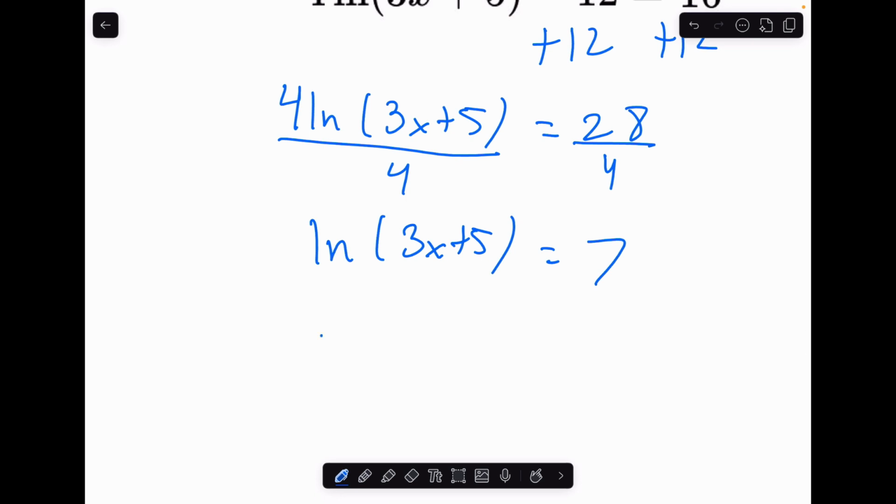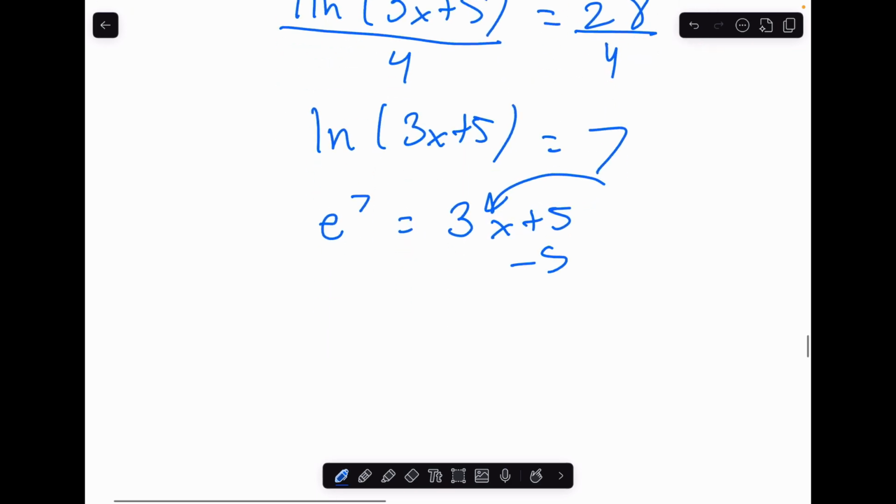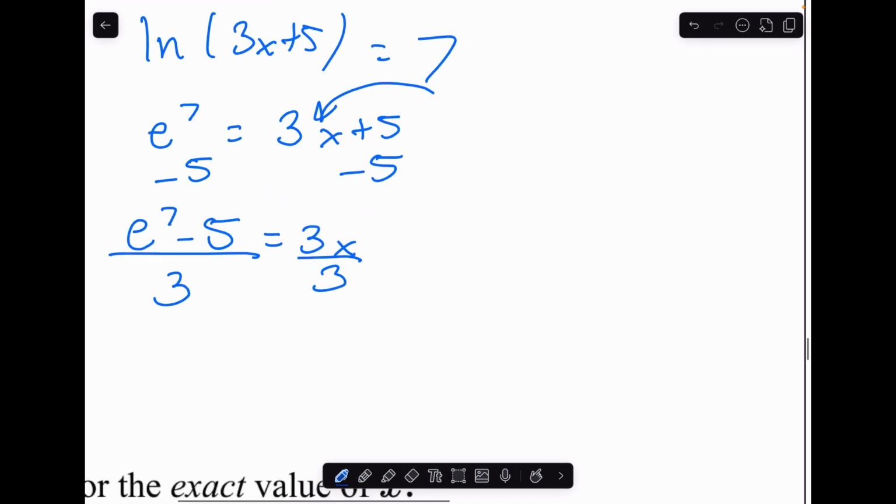We can write it as an exponent. We get e to the 7th equals 3x plus 5. Get our x by itself. So we end up with x is equal to e to the 7th minus 5, all over 3.